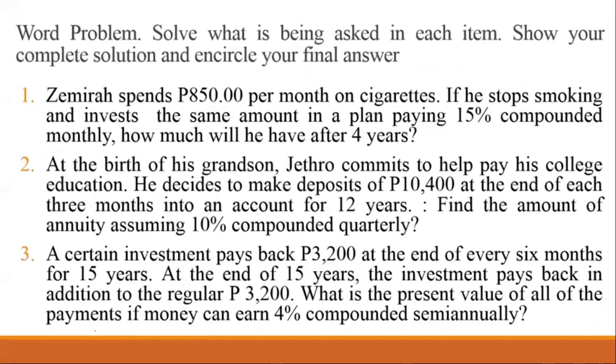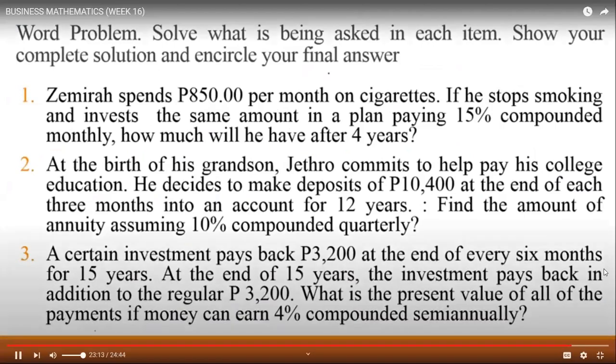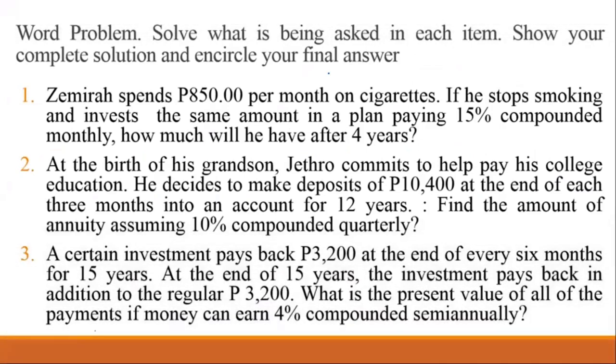As I have mentioned a while ago, we'll just have 3 examples about annuity. I hope you understand our examples on how to compute for the present, future, and periodic payment of annuity.